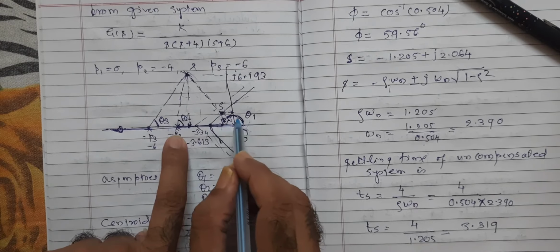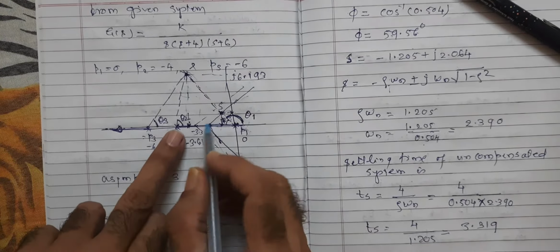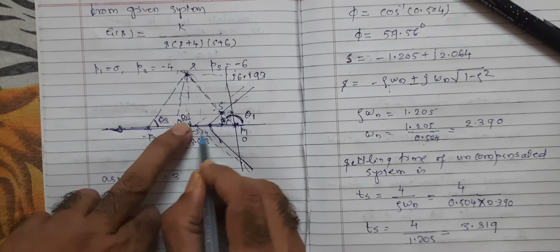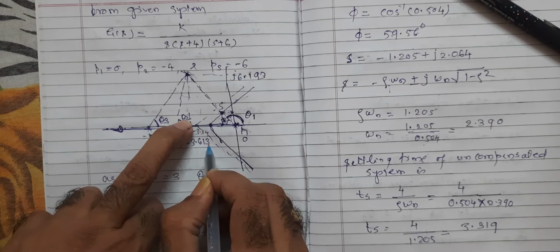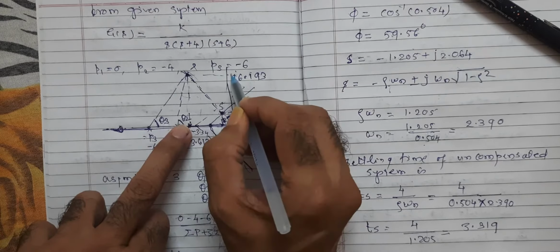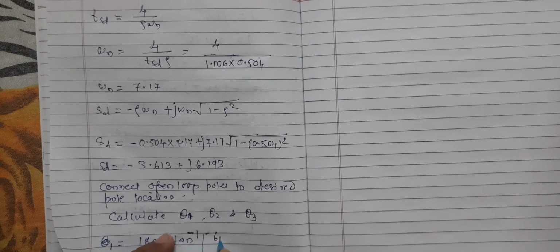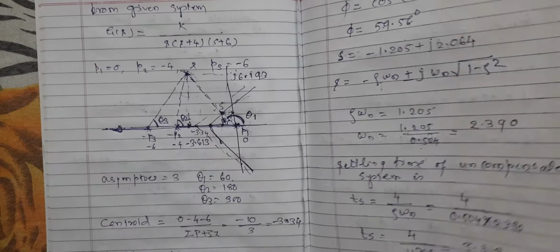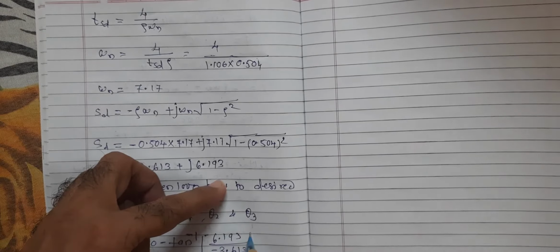Now to find this angle phi 1, it is equal to 180 minus, from this point to this point, what is the distance? It is 3.613, and what is this distance? It is 6.193. So tan inverse of 6.193 divided by minus 3.613.